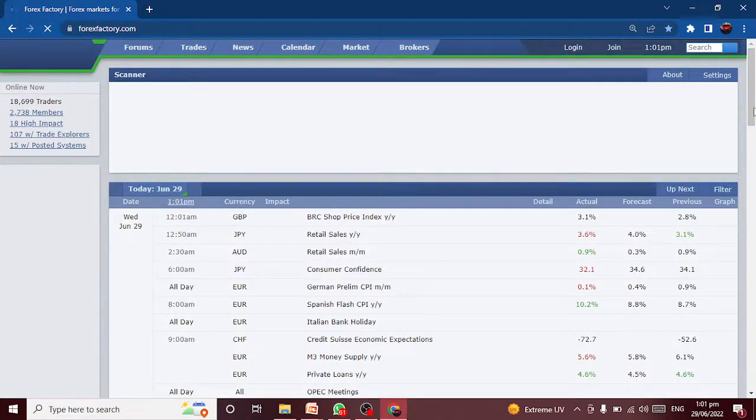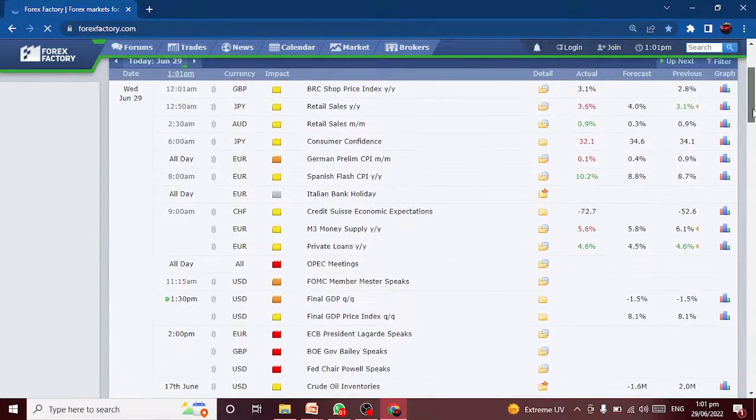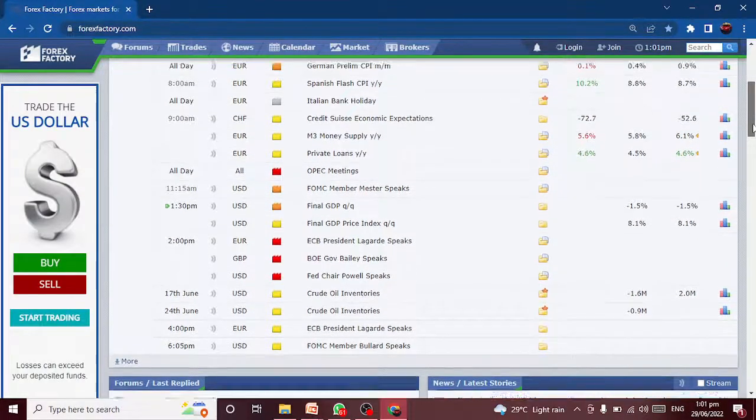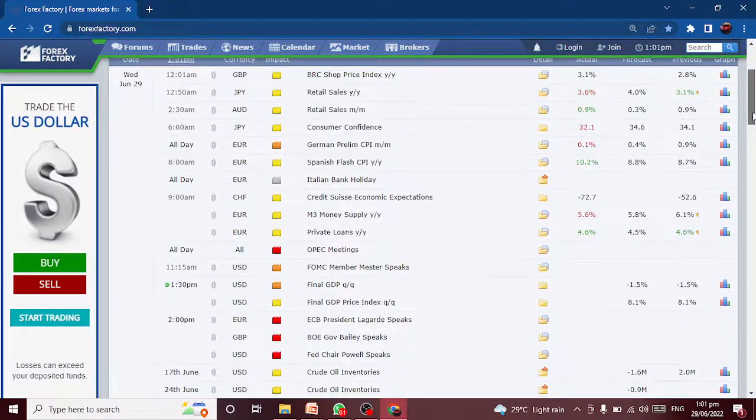Okay, good. So now, guys, look at it. Today is Wednesday, and guess what? This is 1 p.m. Wednesday, and at 1:30 p.m. there's news on USD, medium impact news.